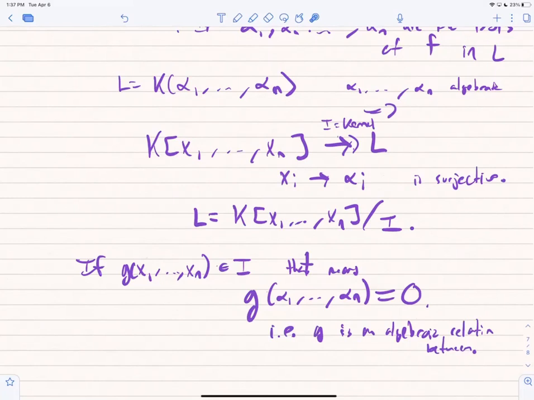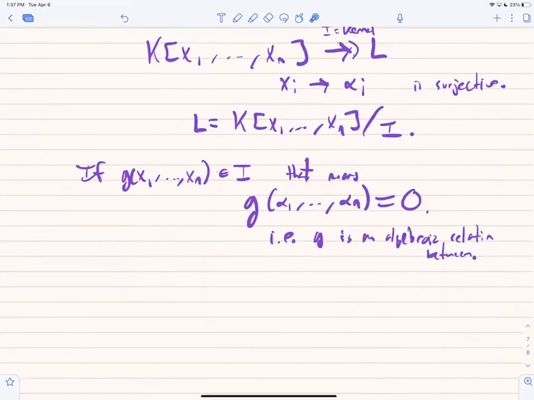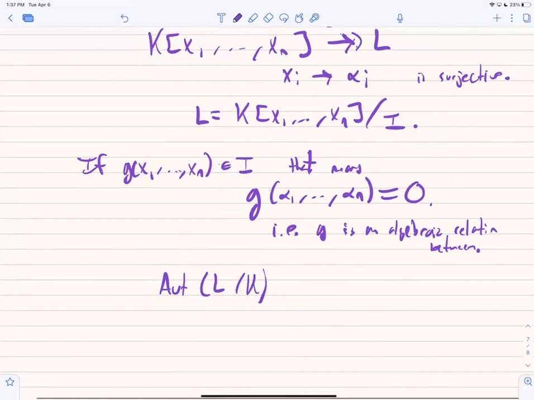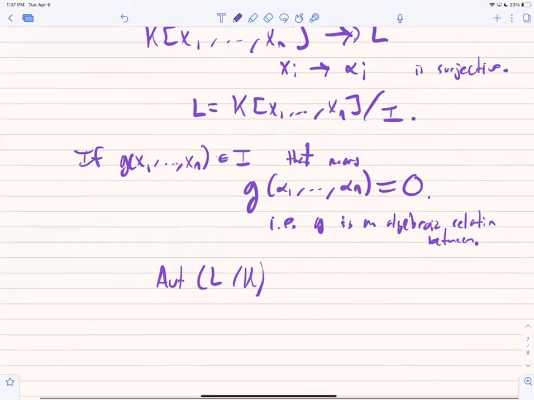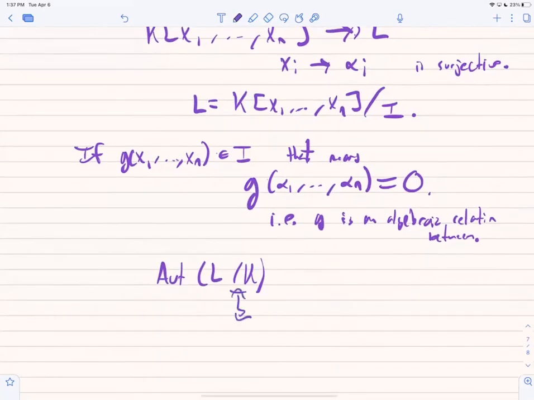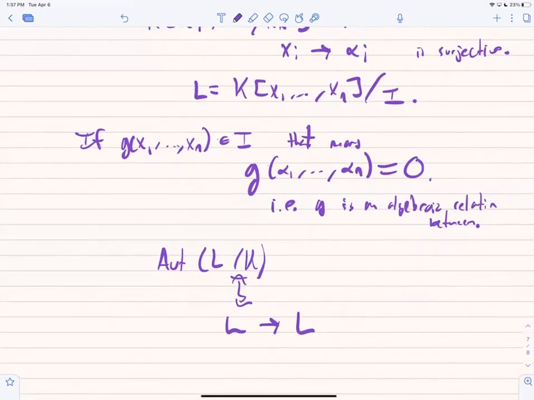Now, what does it mean to give an automorphism of L over K? To give an automorphism, I have to give a map from L to L, just a map of K-algebras. Since L is a field, it'll be automatically injective, and it's finite over K, so injective implies surjective.